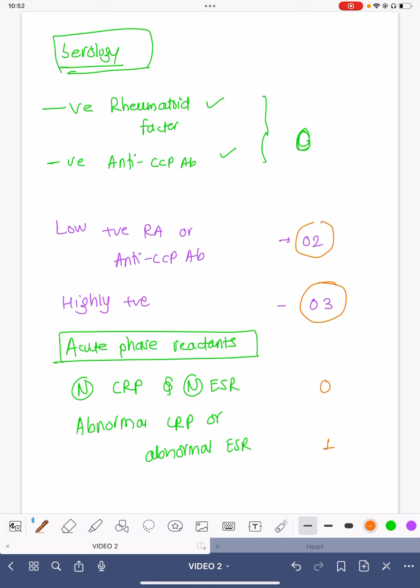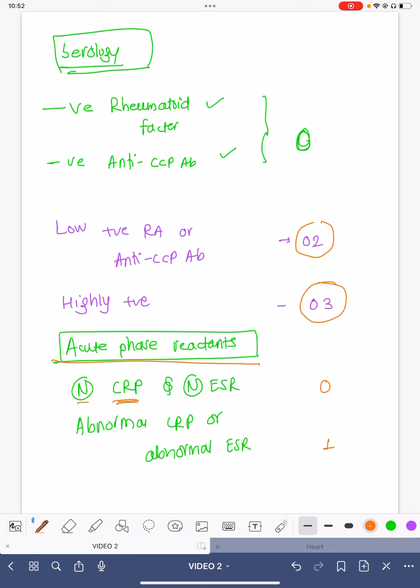The third thing we see is the presence of acute phase reactants, that is CRP and ESR. We must know CRP has a very short half-life, so it increases and decreases very fast compared to ESR, whereas ESR is a phase reactant which lasts longer than CRP.